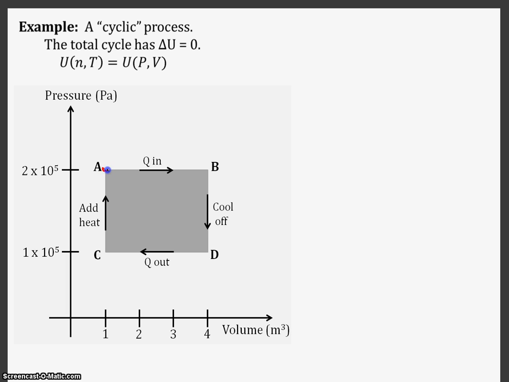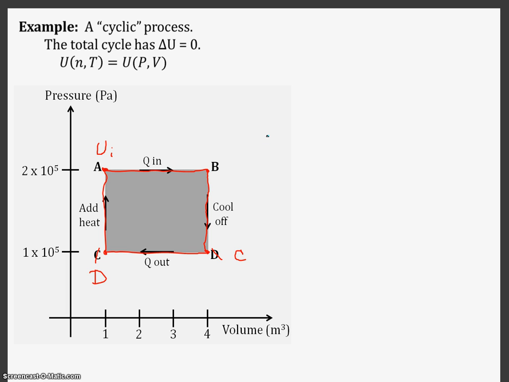It starts at A, it goes at constant pressure to B. Then it cools off at constant volume to what's supposed to be C. This is mislabeled, so that's C. And then it goes across at constant pressure to D, and then it goes back to A. So the whole point is that it has a certain thermodynamic state U that it begins at, and U initial ends up being the same as U final.